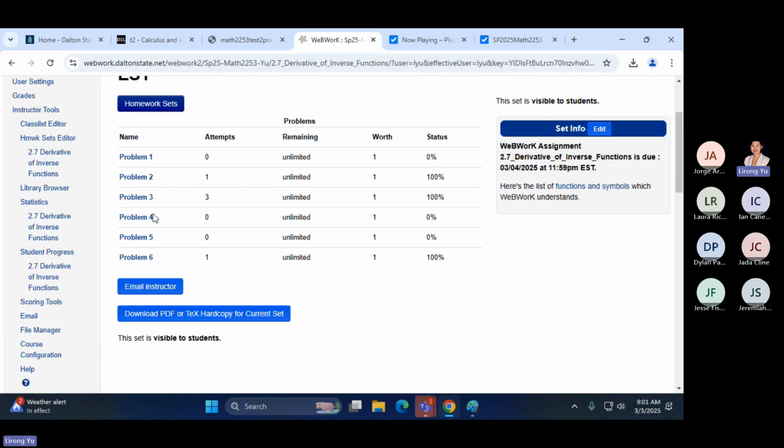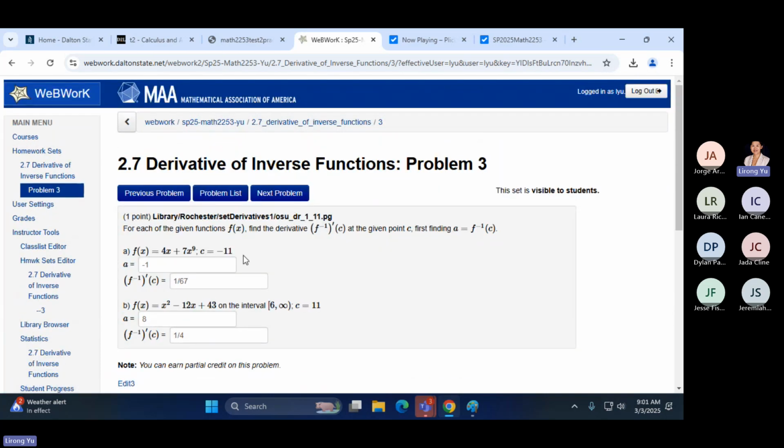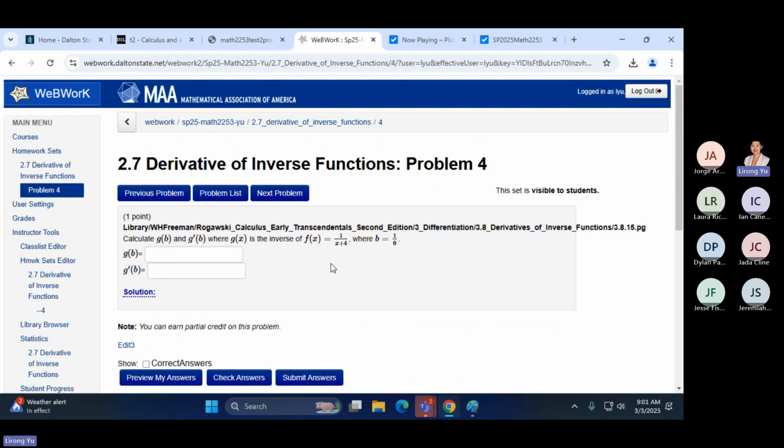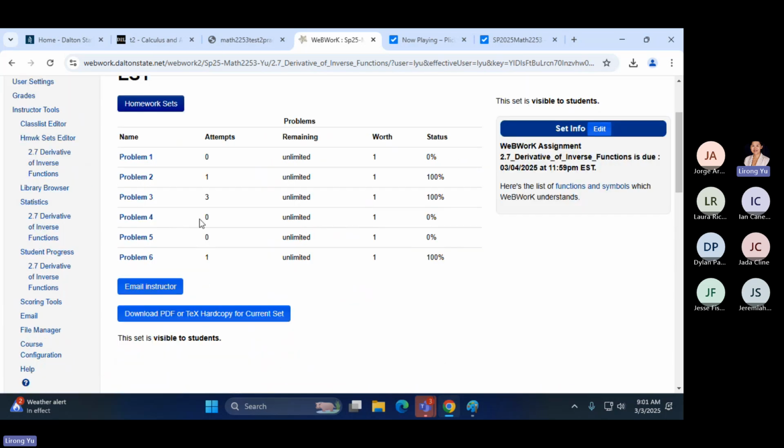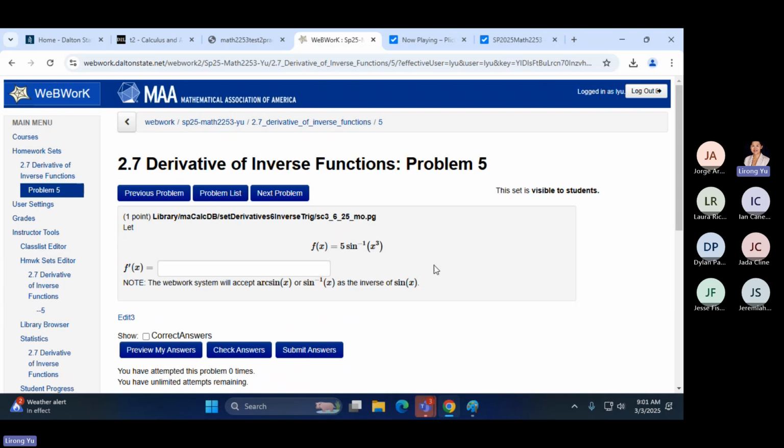Many people also have more problems with this kind of question. So the problem I might choose will be number 5 or number 6 for tomorrow. Any other questions?